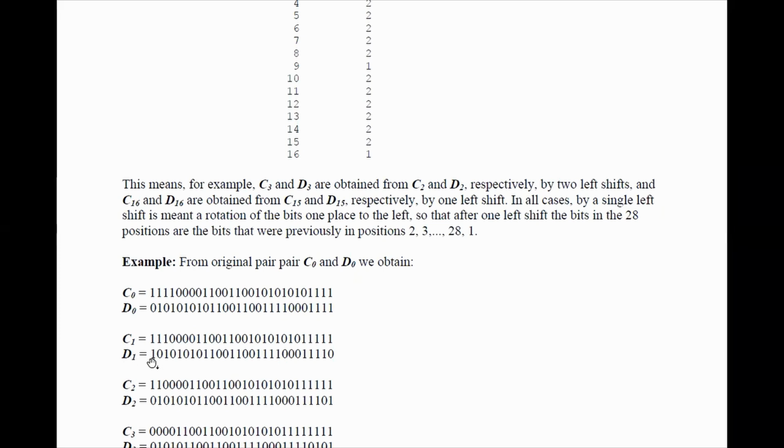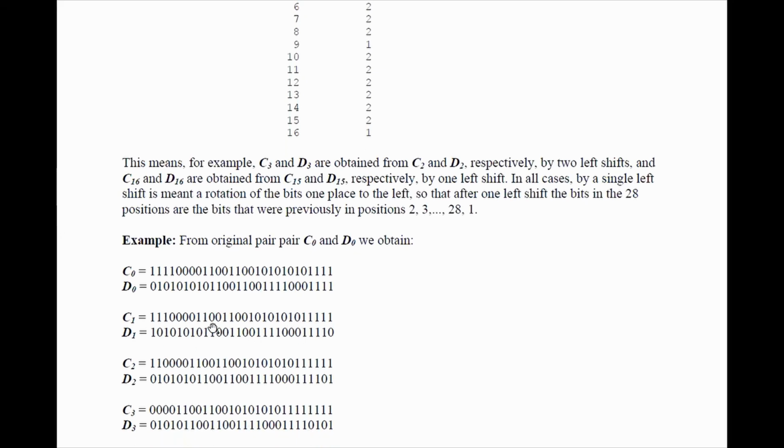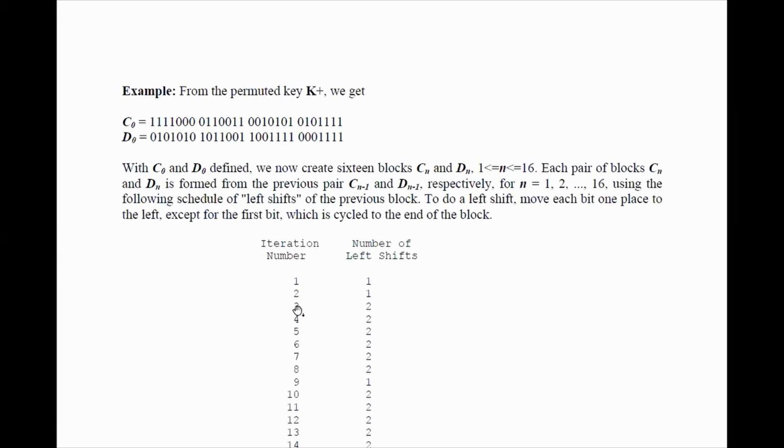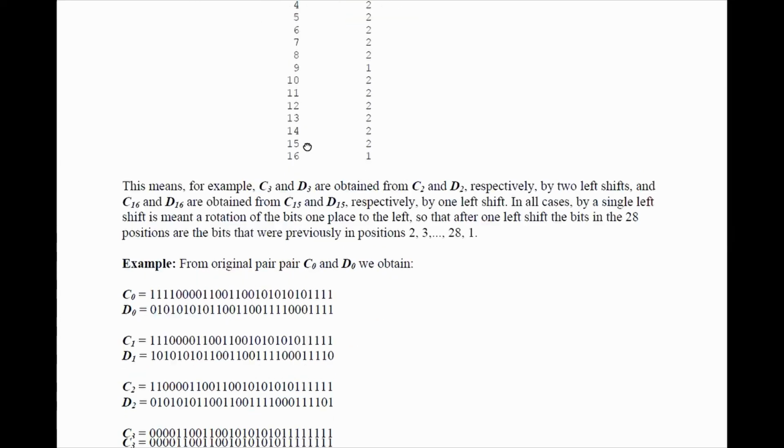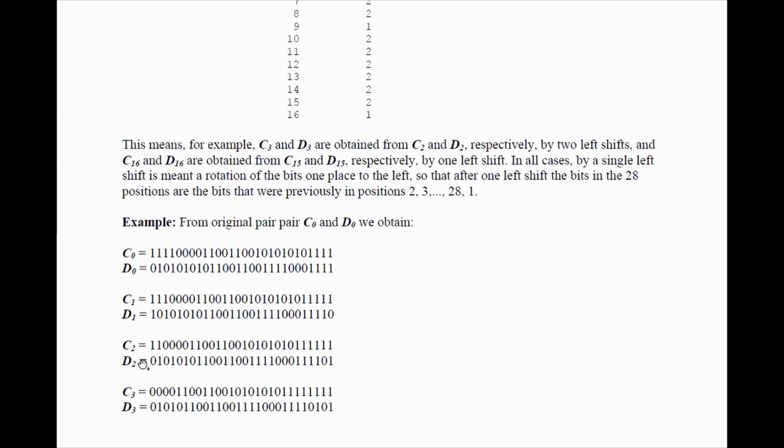The same thing we'll have to apply on the right part. D is the right part. Again, you see this one is coming at one location here, this 0 is going at the end, and so on. Okay, so this is the first round key. If you combine C1 and D1, this is the first round key. Similarly, this logic you'll have to apply for all the keys, C2, D2, C3, D3, and so on.